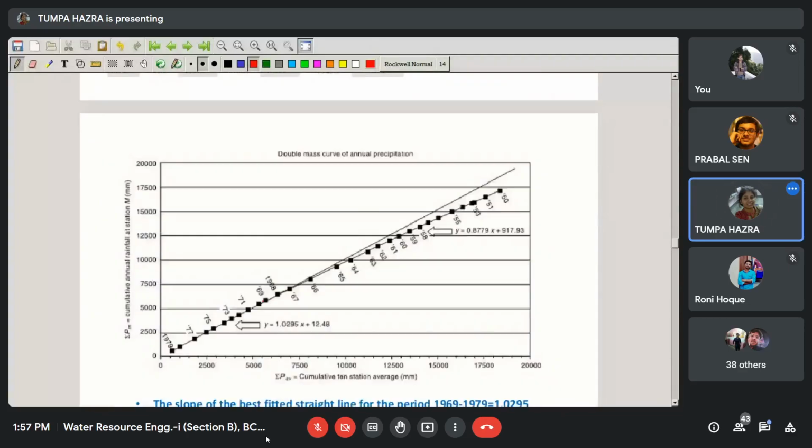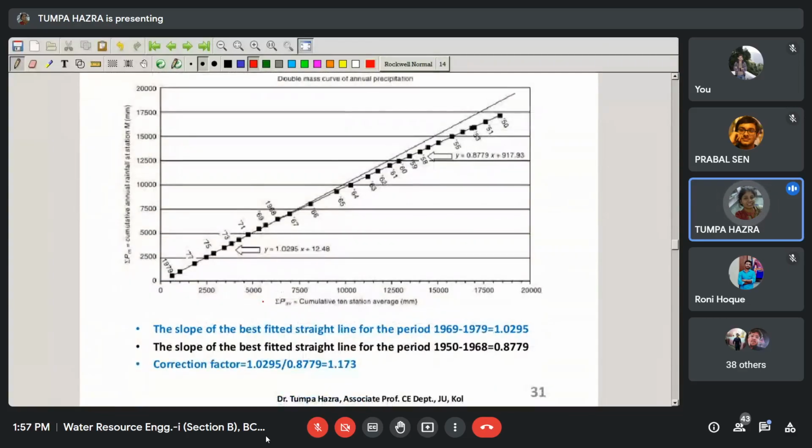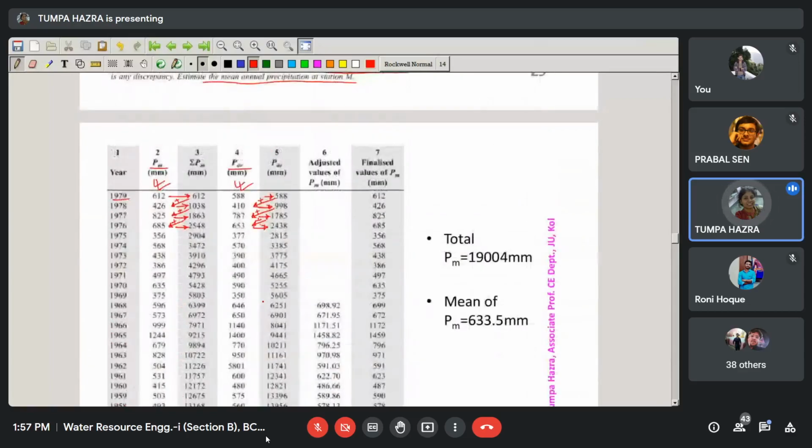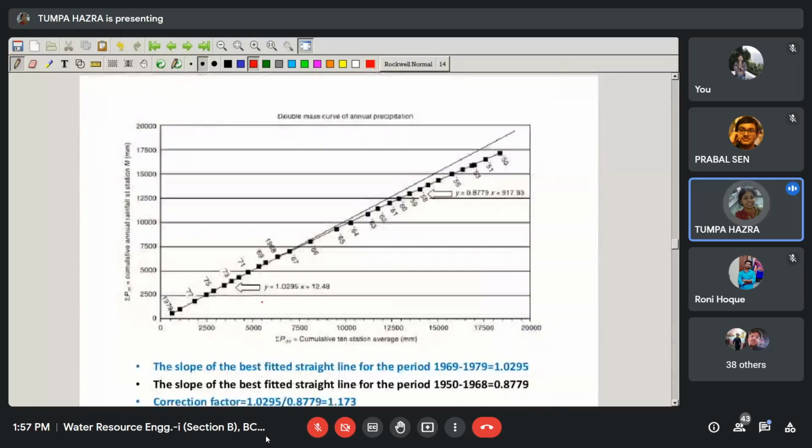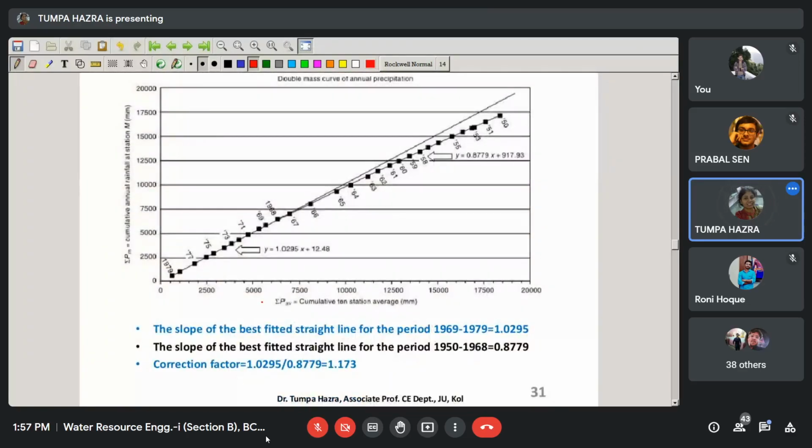Then you will plot on ordinary graph paper. The third column will be on the y-axis and the fifth column will be on the x-axis.